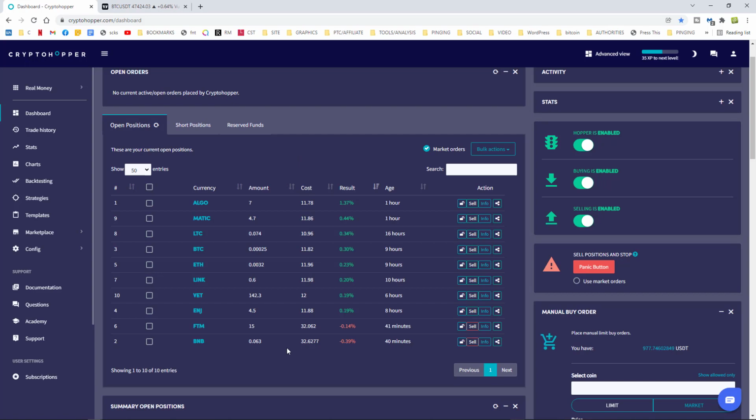Easy to DCA, not using too much money. As you can see, in reserve I have 977 US dollars, which is good for these 10 positions here. They're all about $11 or $12 each. So if I do end up having to DCA, I'm not going to run out of money.